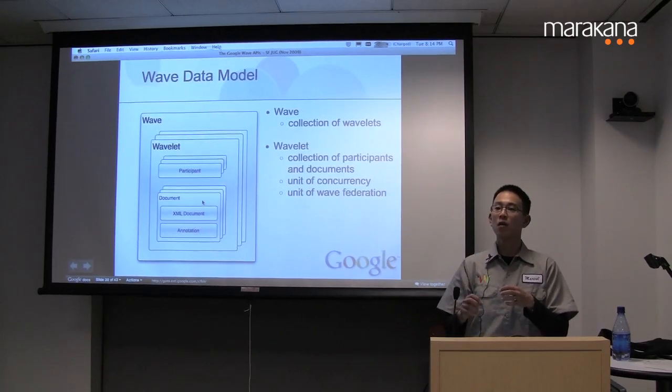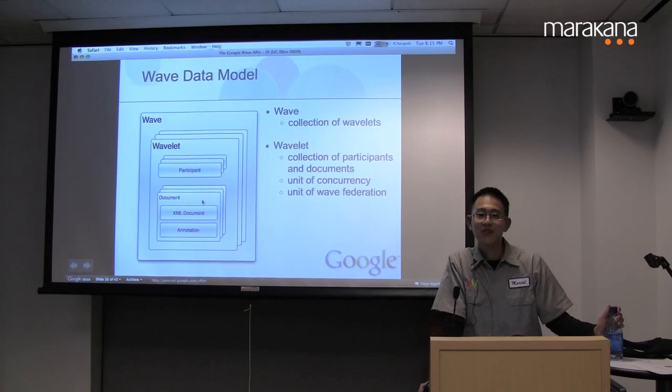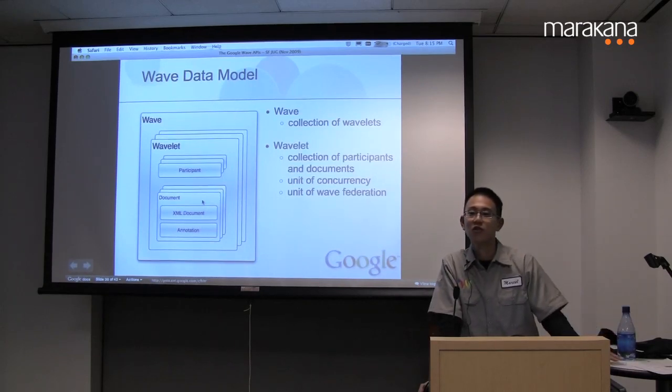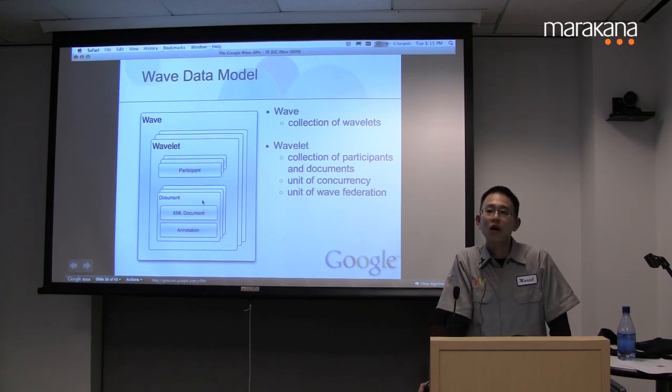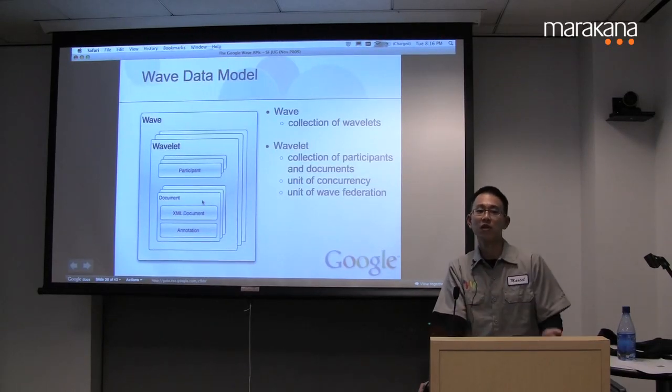But if you want to make, say, a private reply, that's when you generate a new wavelet that has a different set of participants. So, is there any way to authenticate or to secure Wave? What we're going to work on is an ACL model, where you can determine who has write access to this particular wave, and who can add or invite other participants to a wave.